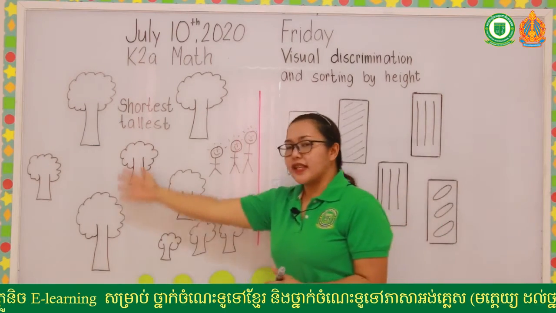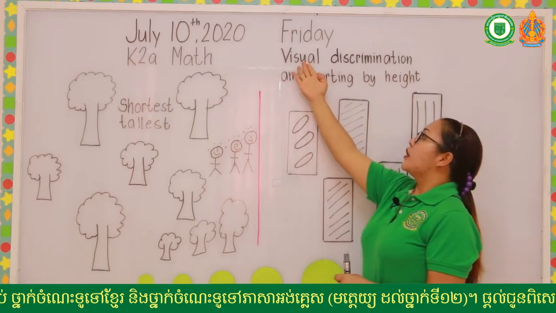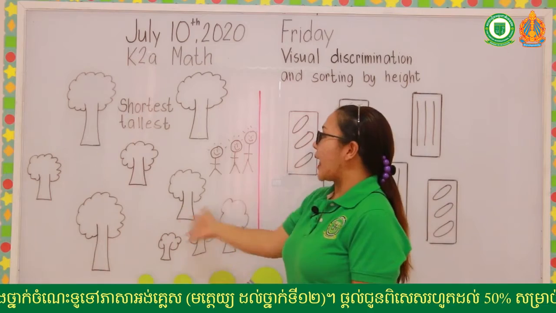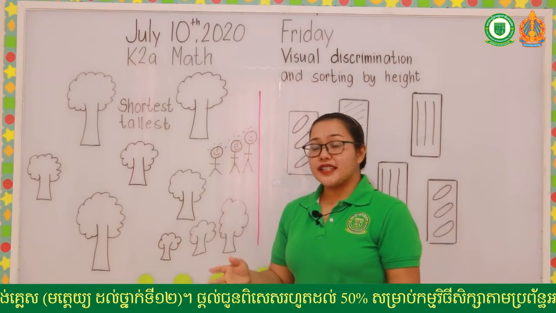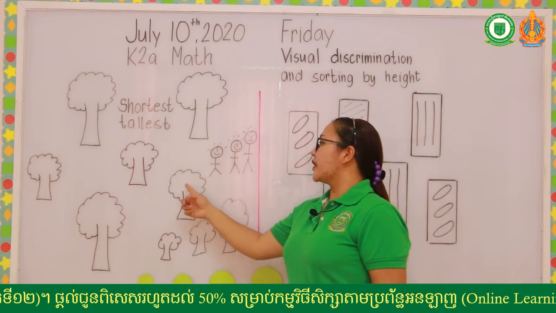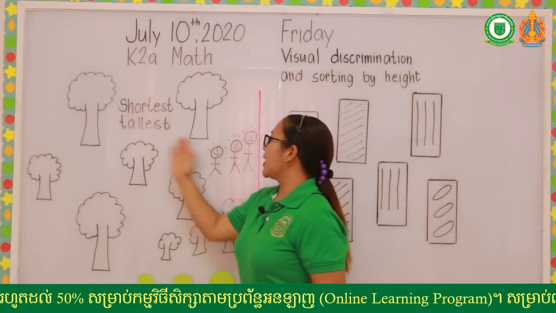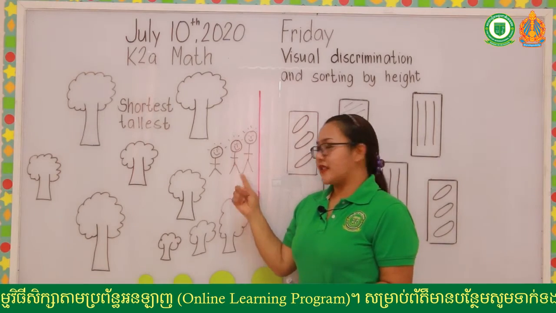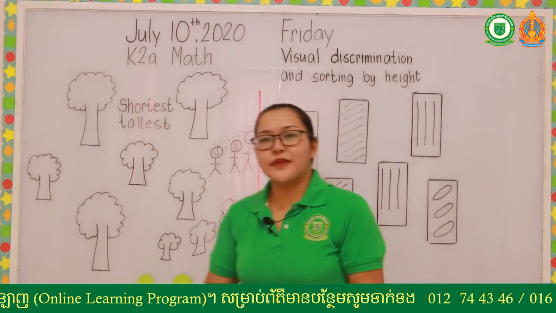So we are sorting this by height, but we are also learning visual discrimination, meaning if you just look at the pictures, they are not the same. They are not the same because we have the tall, we have the short, like these 3 trees, and we have your tall trees, and we have your shortest, and we have your tallest. Shortest, tallest. Okay, that's enough for that.